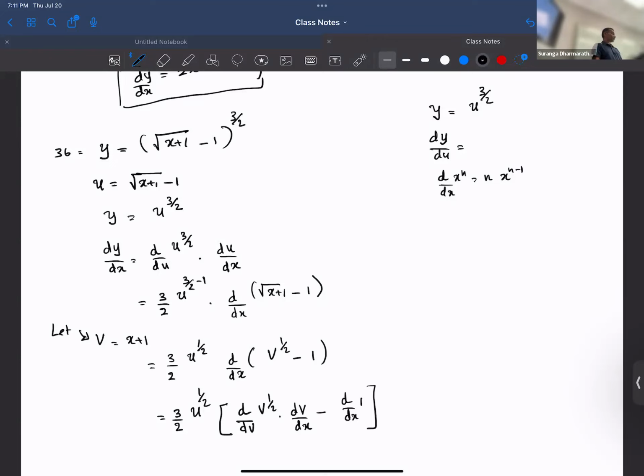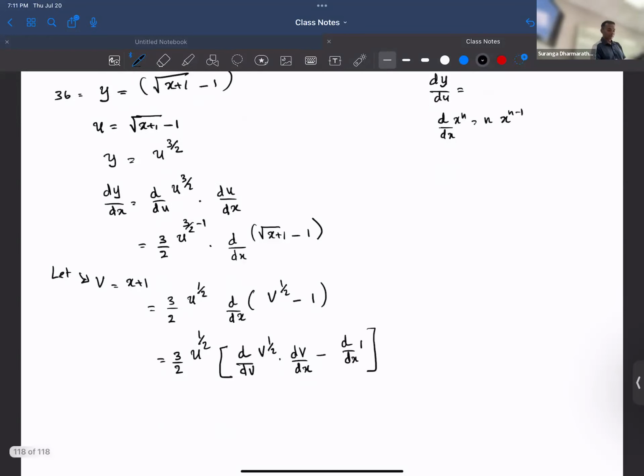You can do that. Then you have 3 over 2 u to the power half, and then half times v to the power negative half.